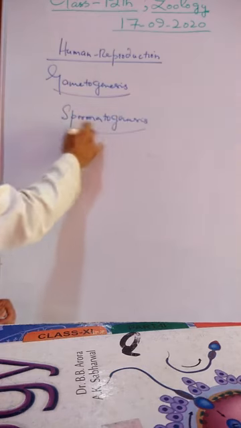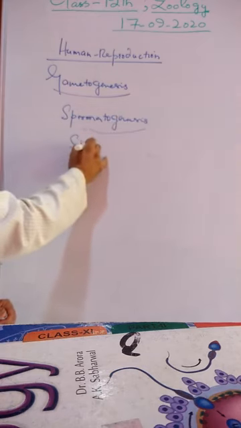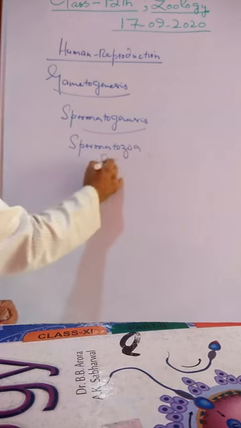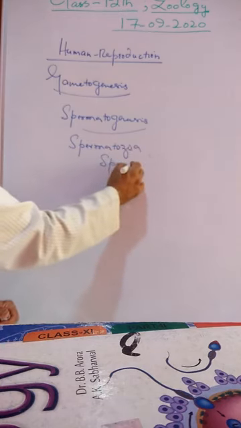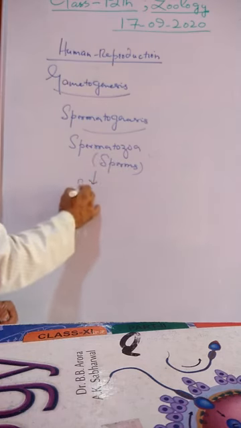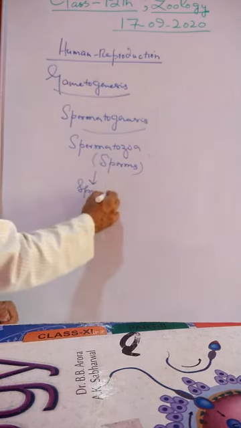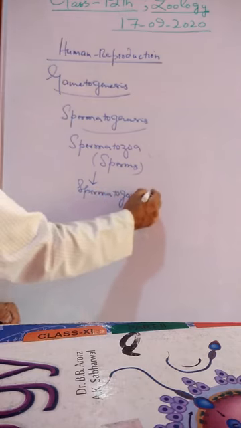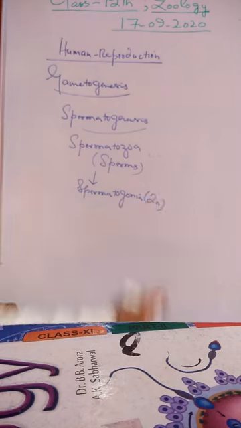It is the formation of spermatozoa, that is what we call the sperms. They are formed from the primary germ cells called spermatogonia. The spermatogonia are diploid, having 2n number of chromosomes.